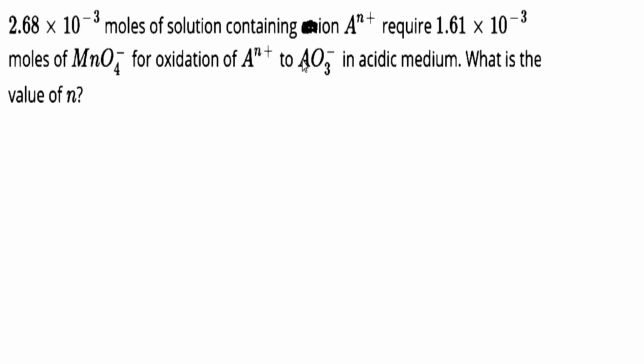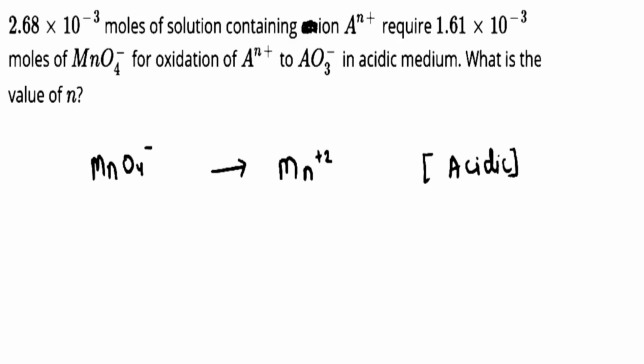So let us write the oxidation half reaction as well as the reduction half reaction. The permanganate ion MnO4^- will be converted to Mn^2+ in acidic medium.